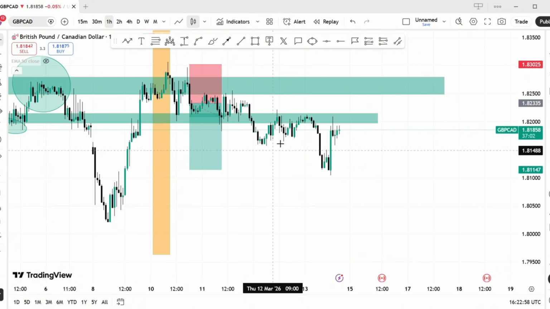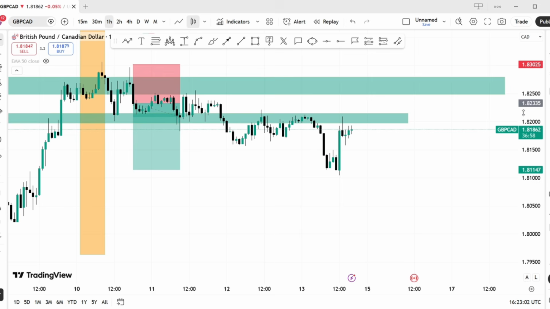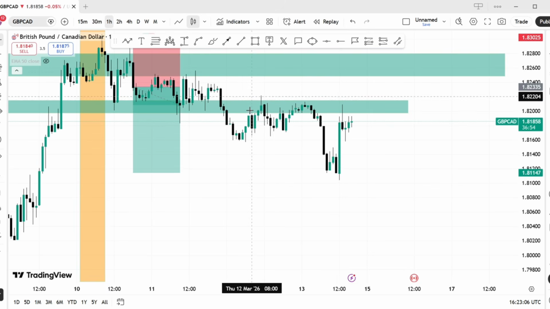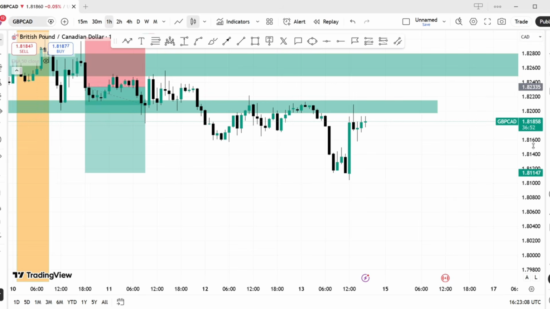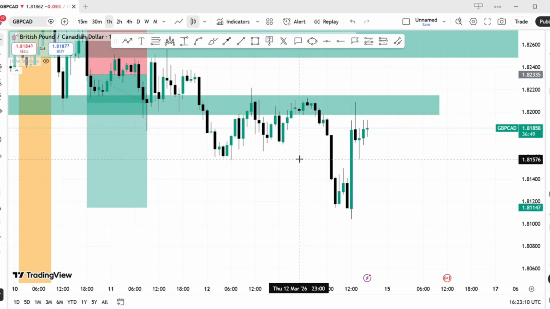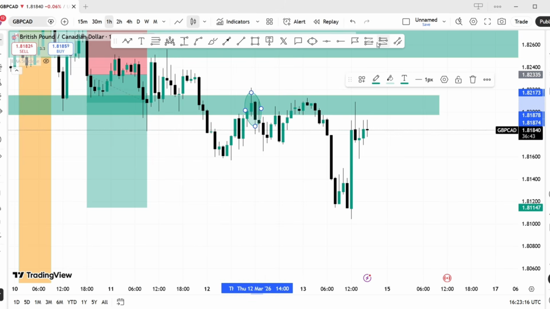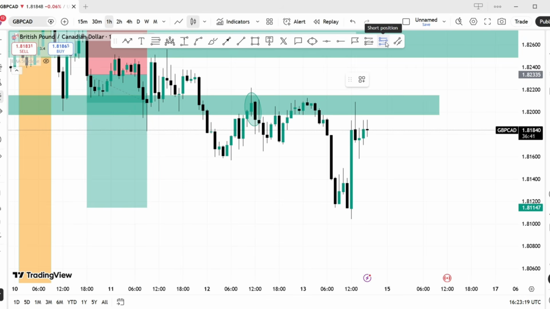So when the market came here to create a lower high, I was like, okay, this is a good time, right? I did mention on my Telegram channel that, okay guys, I'm waiting for an engulfing candlestick, and this is where I saw the engulfing candlestick. This one over here was my engulfing candlestick, right? So I took the trade. I went to my short position.